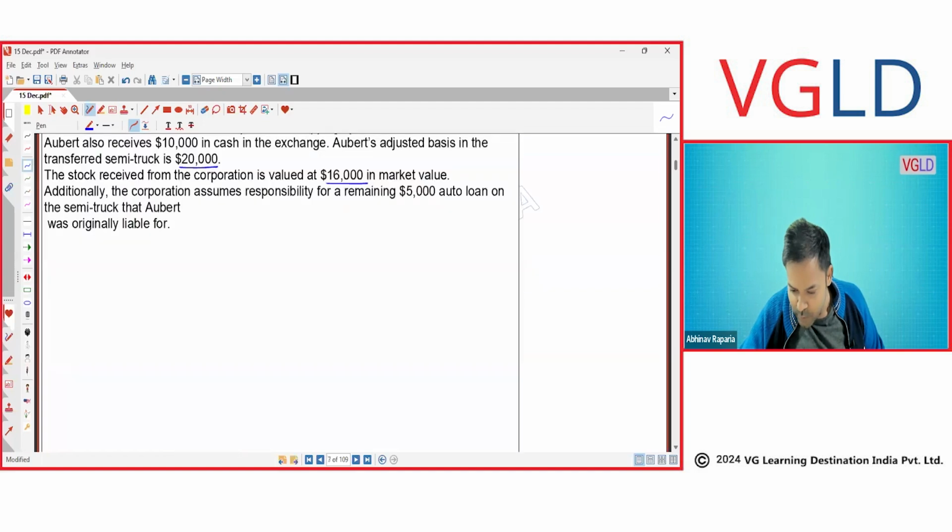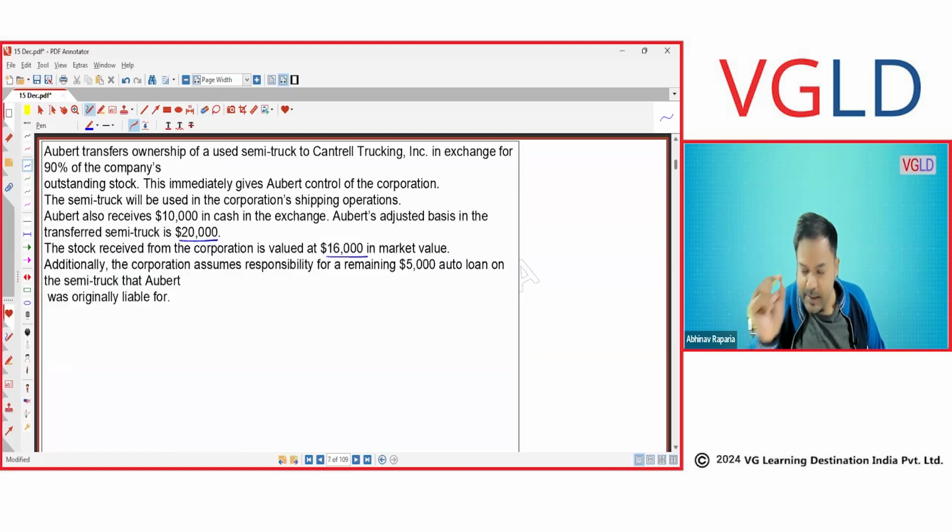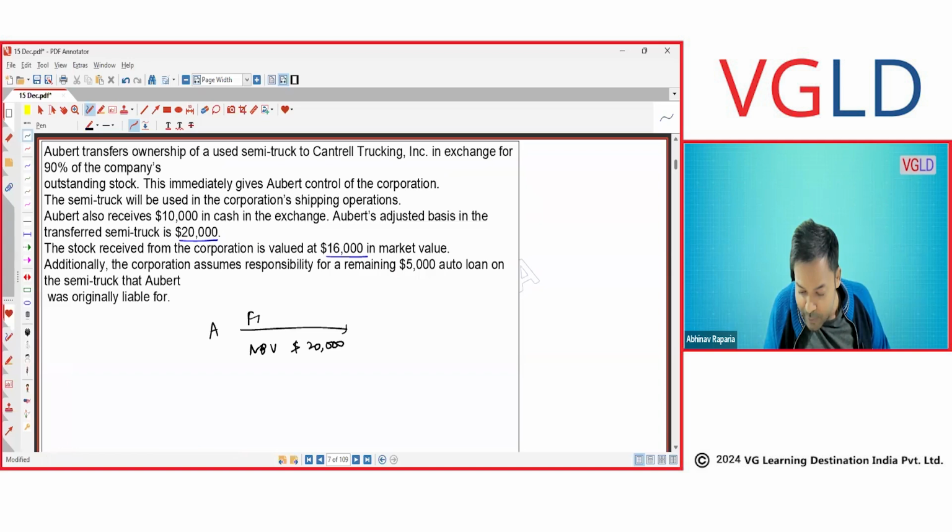See this question one more time. In this case, exactly this is happening. You are giving a property for which net book value is 20,000. What is the fair market value of that? Have they given it directly here? No, they have not given anything. But you are receiving the stocks.